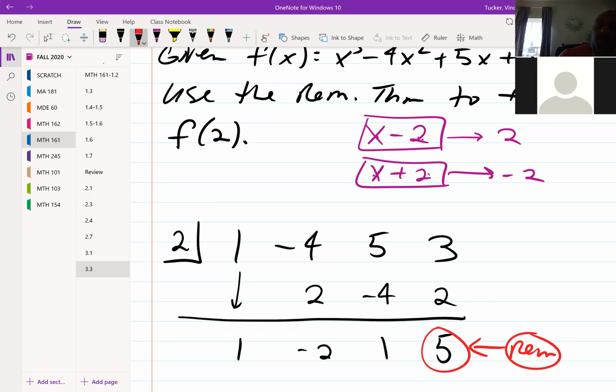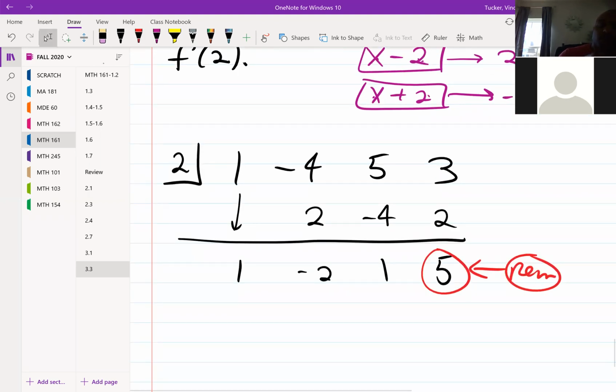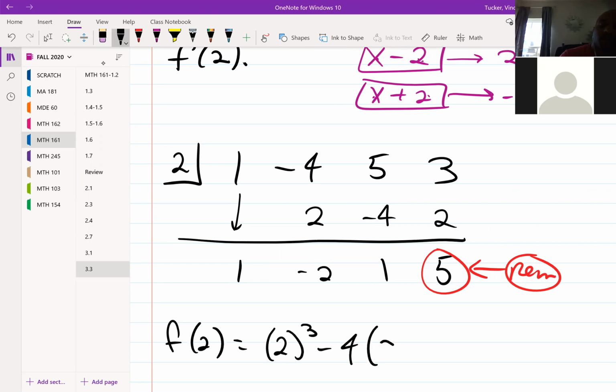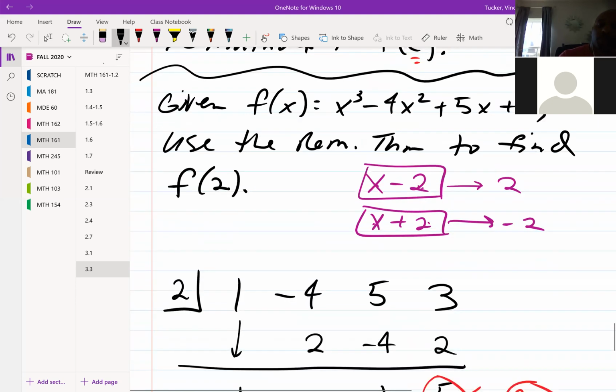So now if the remainder theorem is correct, when I plug 2 into my function, I should get out 5. Let me check, make sure I got it right. x cubed minus 4x squared plus 5x plus 3.